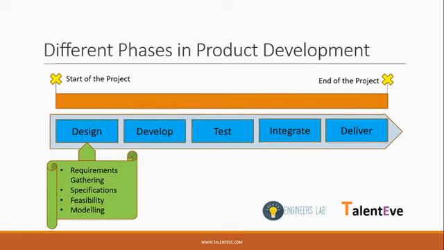All of these come under the design, and then this design would be used to develop, whether you develop firmware, hardware or software, and then you test these things, you integrate them, and then you deliver them.